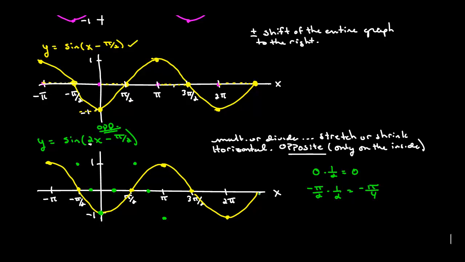Okay, this guy right here would move in to about right here. So if we draw it out, it looks like that. So what we've done is we've compressed in this.